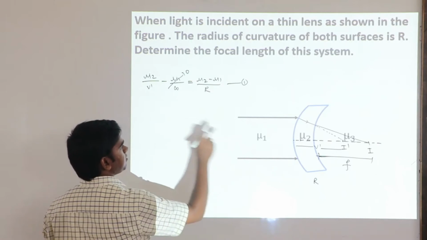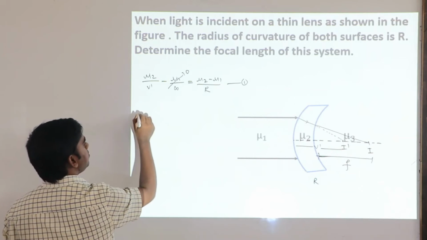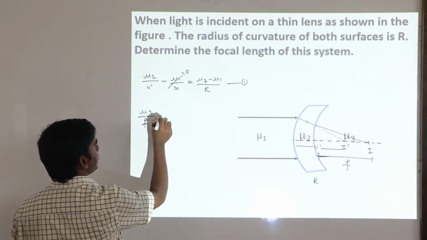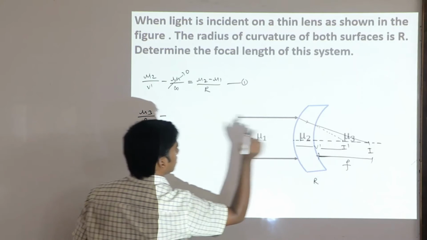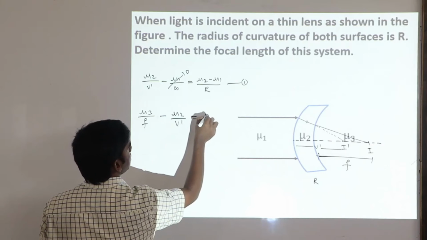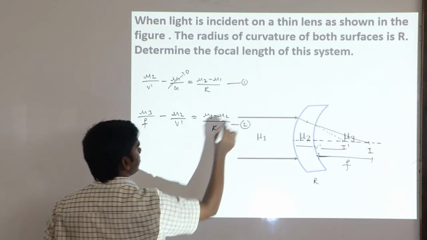So apply the formula again. The medium where the image is there is mu3 divided by focal length f, minus mu2 divided by v dash, which is the object now, equals mu3 minus mu2 divided by r. This is equation number 2.